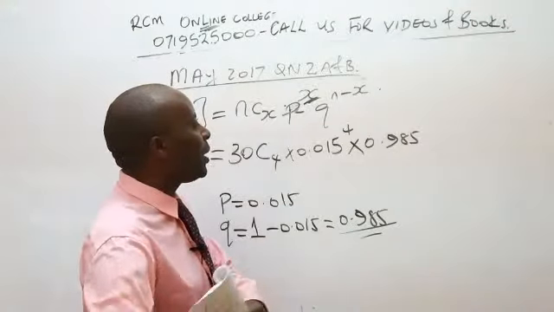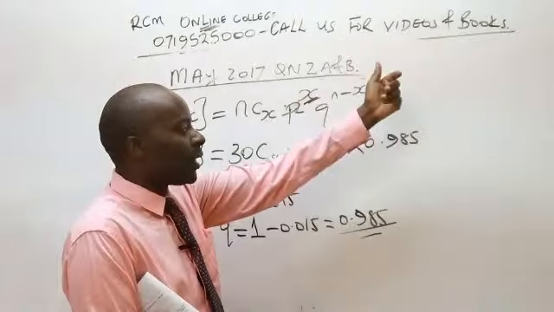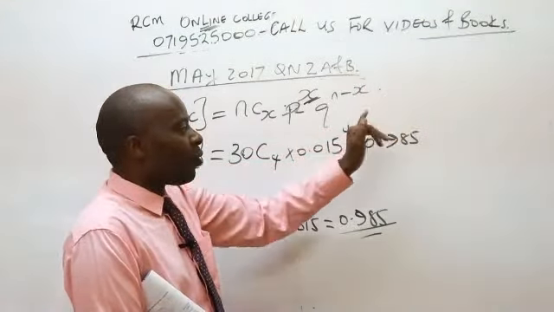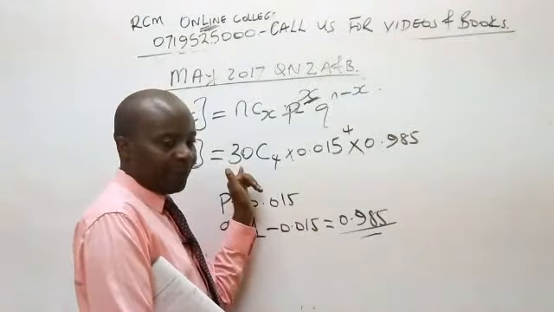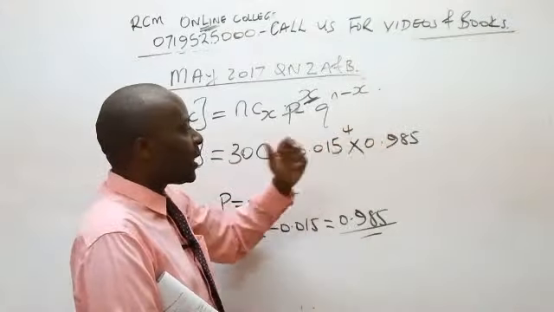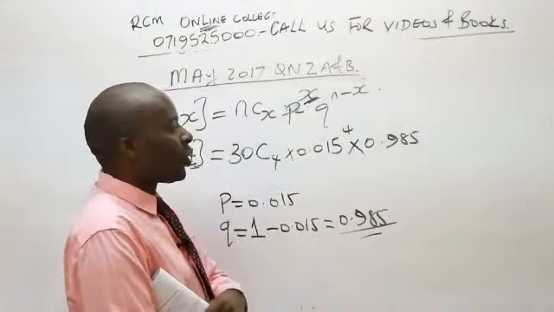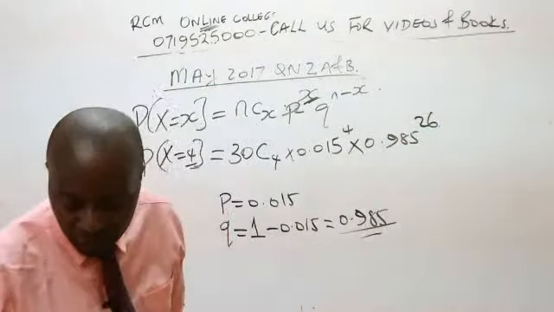The most important thing is for you to know that the two powers must always add up to 30. So to get the new power, simply take 30 minus 4, which is 26.